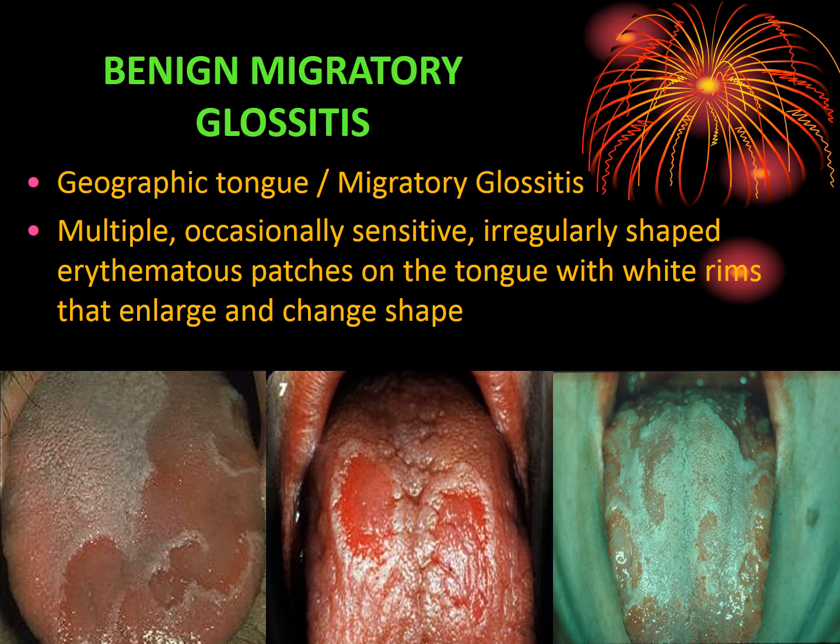So this will be migratory. At one point of time the lesion will be at one place, at another point of time the lesion will be present in some other place. That is why it is called migratory glossitis.